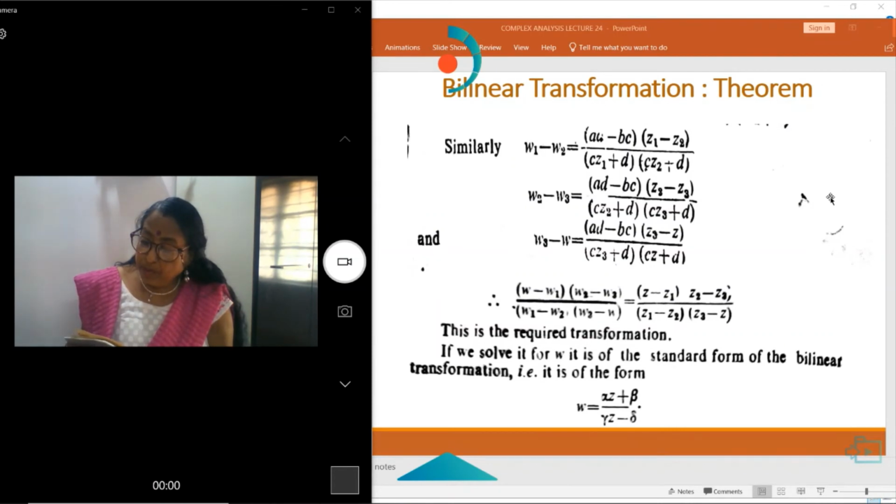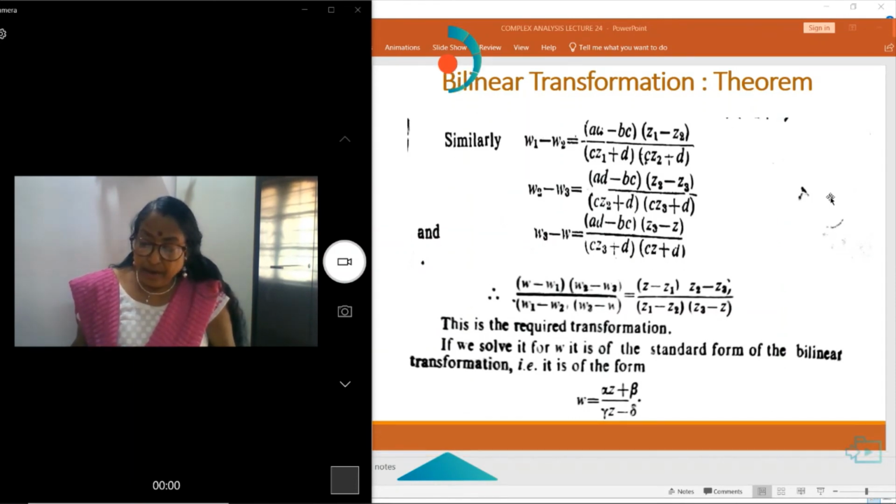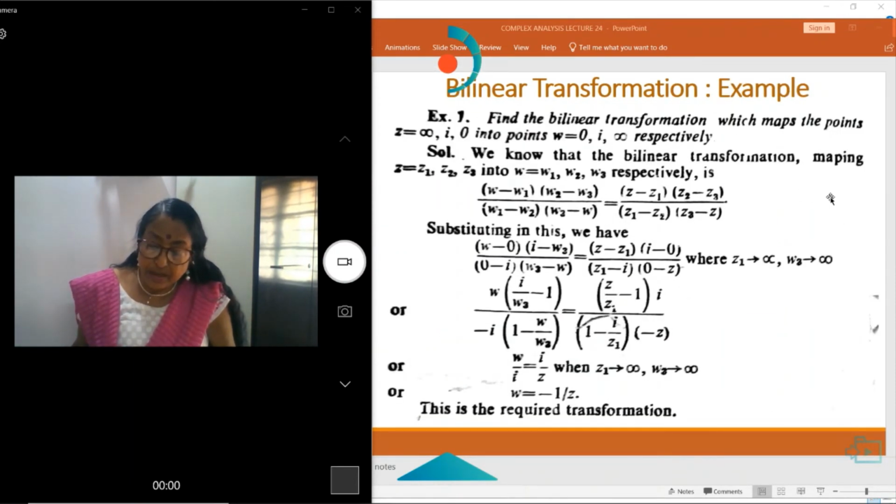If we solve for w, we get the standard form of the bilinear transformation, that is w = (alpha z + beta)/(gamma z + delta). Now take another example. Find the bilinear transformation which maps the points z = infinity, i, 0 into the points w = 0, i and infinity respectively.